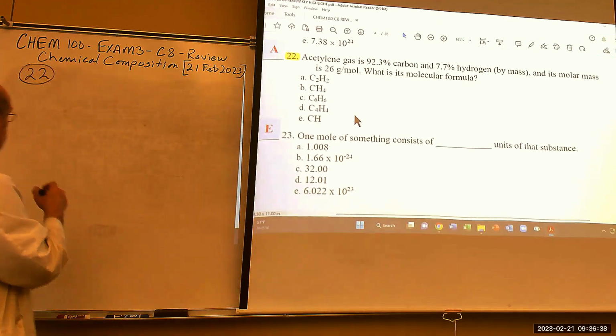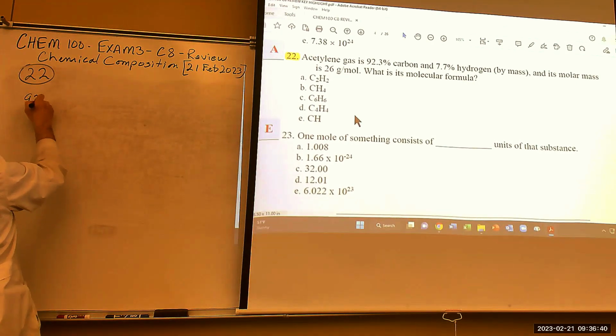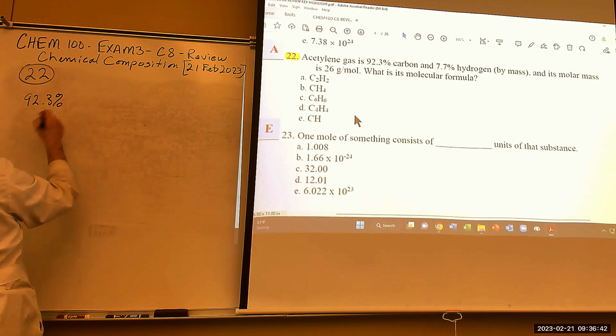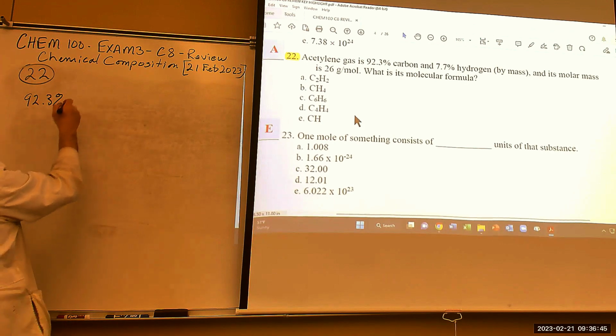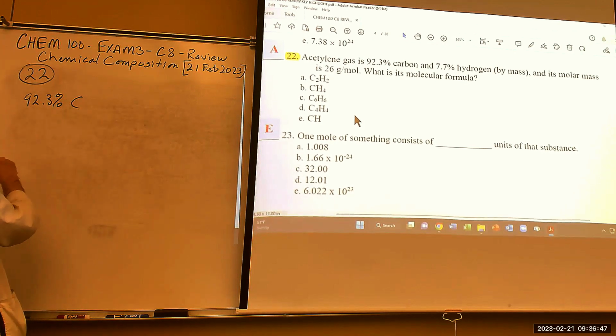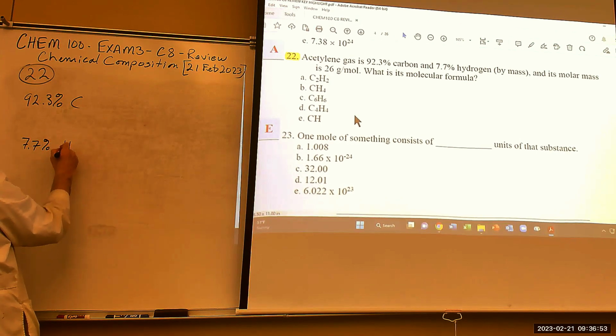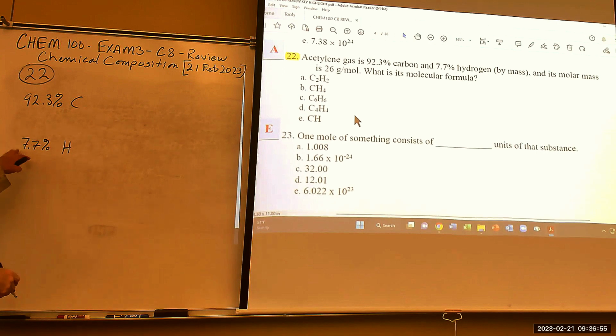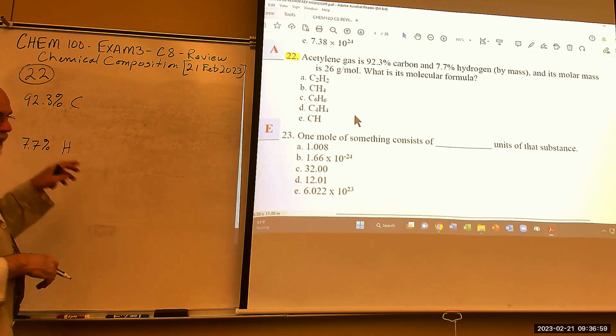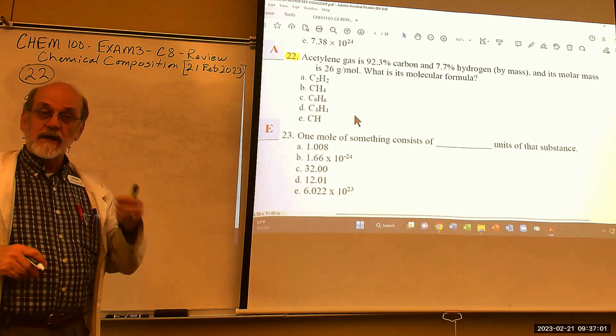So for the empirical formula, we start with 92.3% carbon and 7.7% hydrogen. Add them together, you get 100%. But we can't work with percent, right?